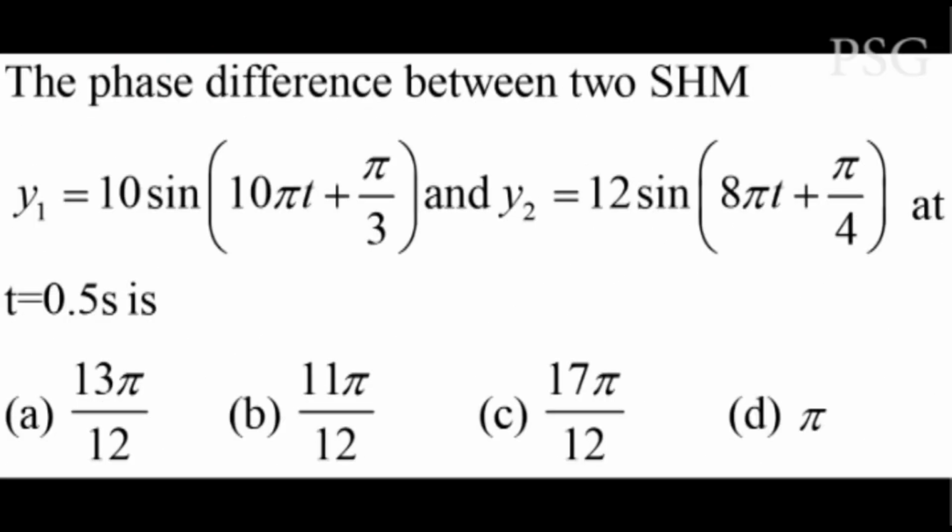Next question. Find the phase difference between two simple harmonic motions, Y1 equals 10 sine 10 pi t plus pi by 3, and Y2 is equal to 12 sine 8 pi t plus pi by 4, at t is equal to 0.5 seconds. So we have two equations given.